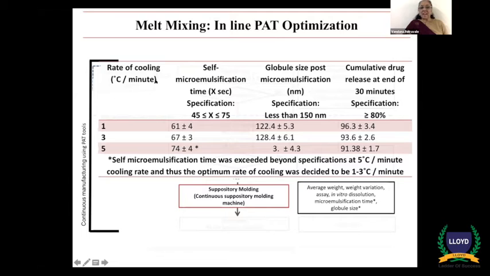If it is absolutely fast, you can get the drug crystallizing out. At times, it can cause that. So self-microemulsification in this case was beyond specifications. So we thought that we will optimize the rate of cooling as 1 to 3 degrees Celsius per minute.